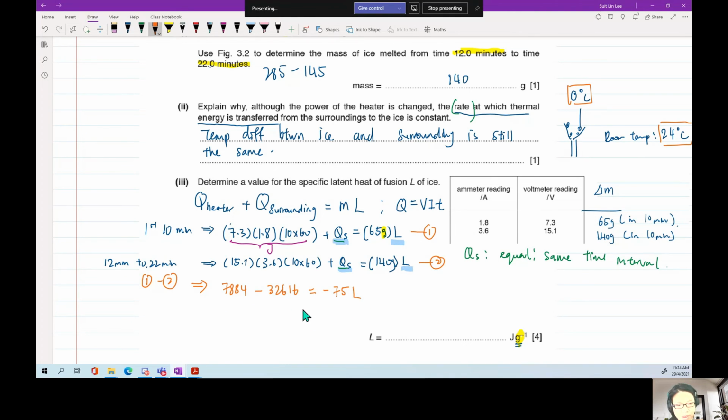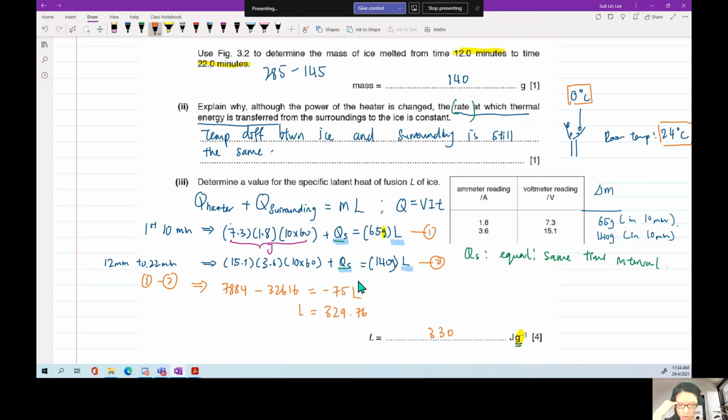The negative will go away, and you can find your L already. So 32616 minus 7884, divided by 75. This one is 329.76. I guess I can write this one as 330, in 2 to 3 SF.